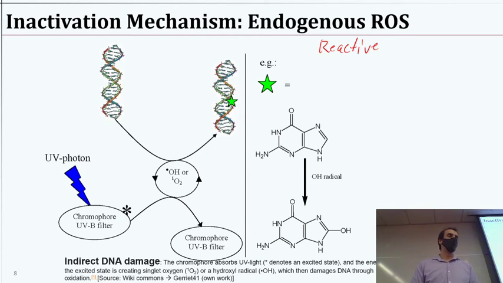So we're producing these reactive oxygen species from within the cell because there are different molecules that we would call chromophores. So a molecule that has some chromatic or light absorbing property. Certain molecules, when they absorb light, will then get some sort of excitation, and that excitation then can lead to the production of reactive species.